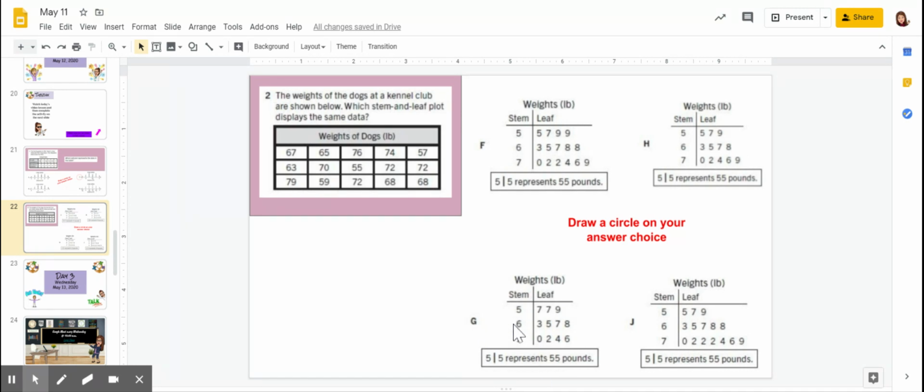The next one is G. Now we've got 57, but what happened to 55? That's missing a 55. And this one says we have two 57, 57, 57, 59. So this right here, I can mark off right away, knowing that it is incorrect. And I notice that it's also missing the second 68 and the other two 72s.